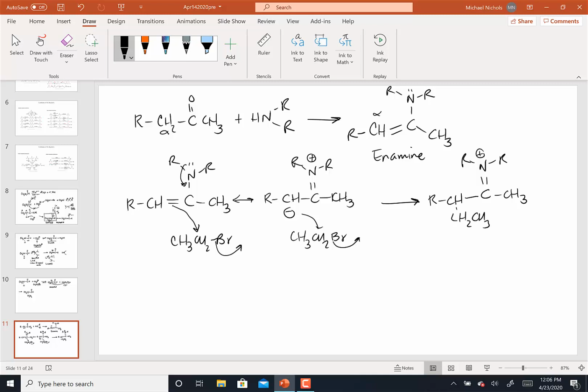So I'll end up forming that molecule, and then all I need to do is give that pair of electrons back to the nitrogen. Before I do that, I'll move that pair of electrons back there. And now what happens?